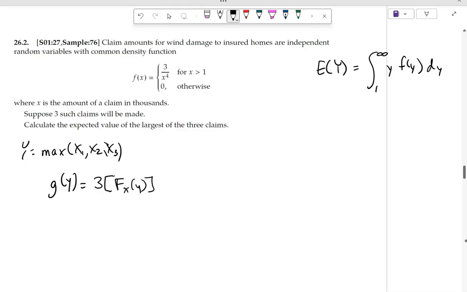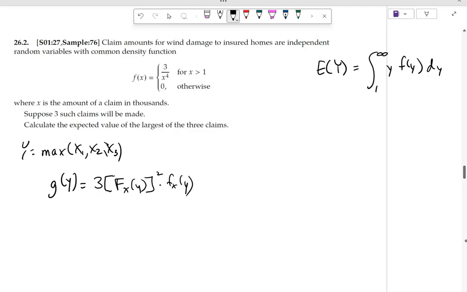Yeah, it's n times CDF to the n minus 1 times PDF, right? That was our formula.